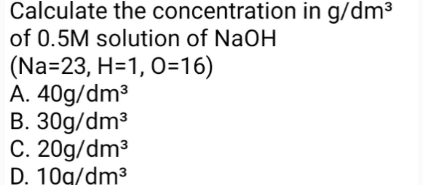Now, look at the options: 40 grams per dm cube, 30 grams per dm cube, 20 grams per dm cube, and 10 grams per dm cube. Which of these options is actually the correct option here? So let's look at it now to see the correct option. Let's solve this question now. Let's go.